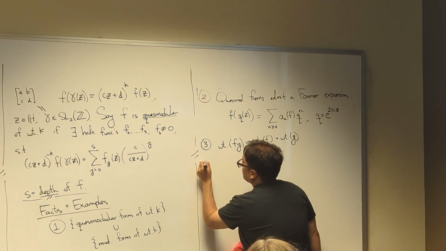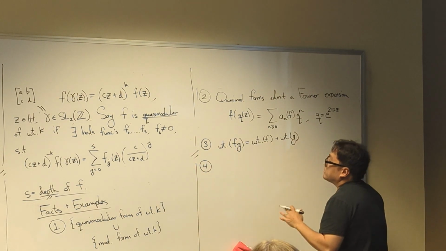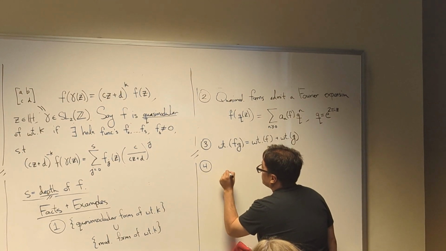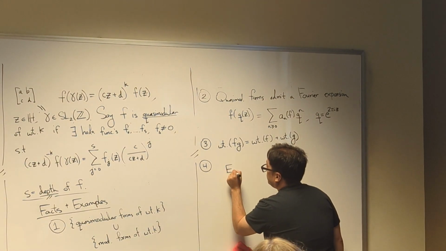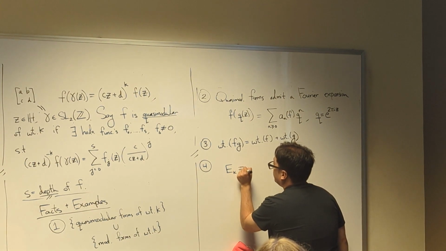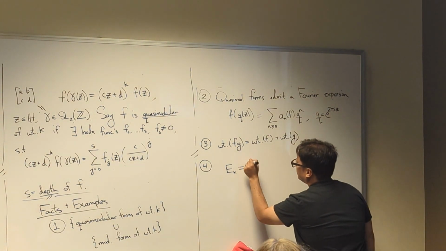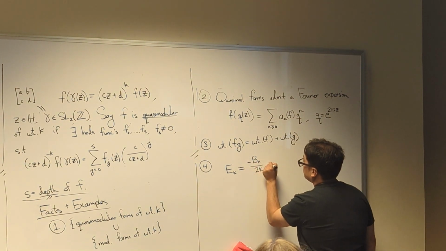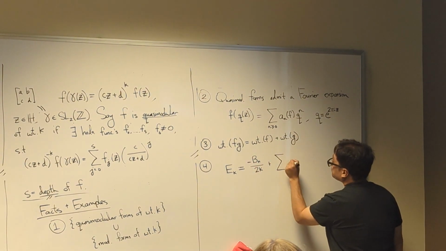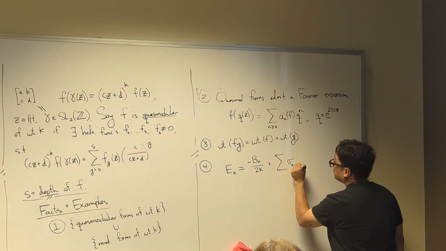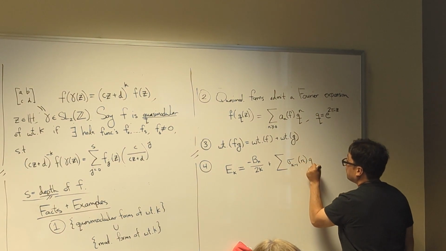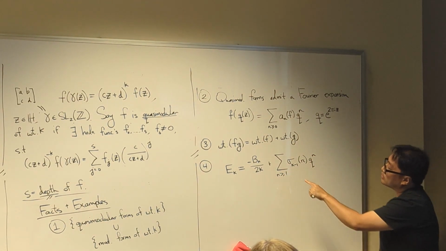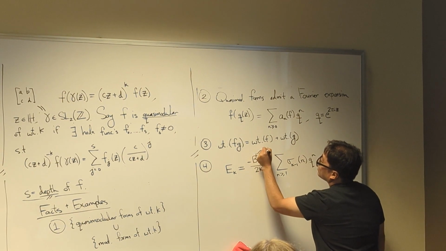Now let's get to some nice examples. Like Jeff was saying, the standard examples are the Eisenstein series. Let's define E sub k to be this expression here. B sub k is the kth Bernoulli number.